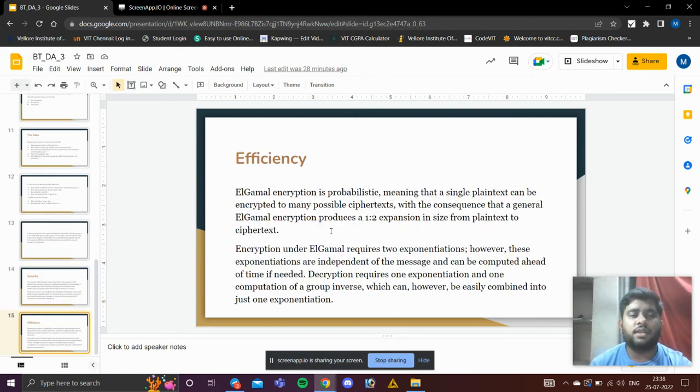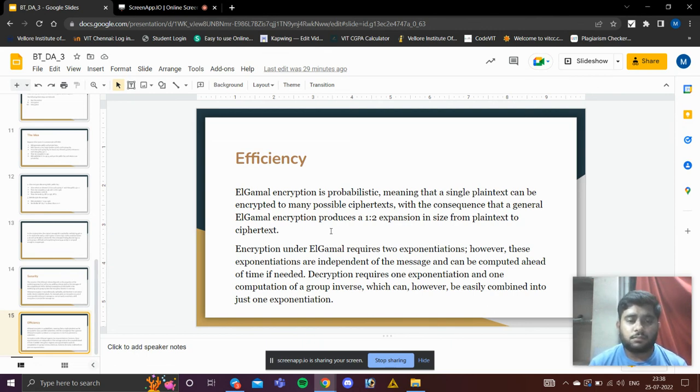And if we talk about the efficiency, ElGamal is probabilistic, meaning that a single plain text can be encrypted to many possible ciphertexts, with the consequence that a general ElGamal encryption produces 1:2 expansion in size from plain text to ciphertext. So this is one more characteristic feature of ElGamal, that it can be used to convert the message into many possible ciphertexts.